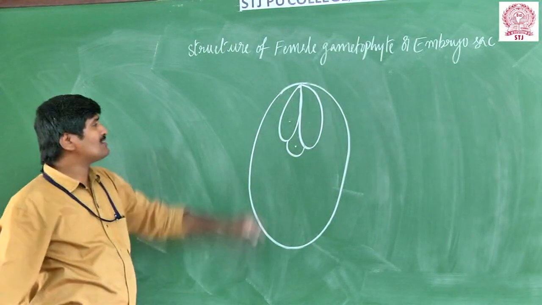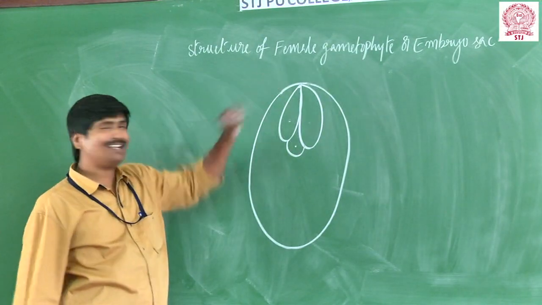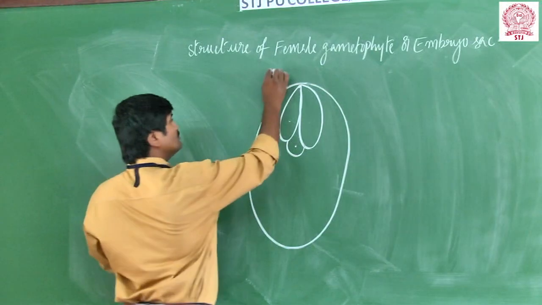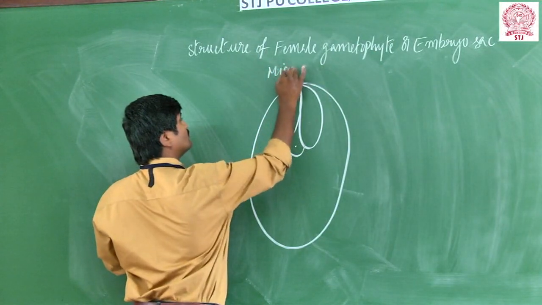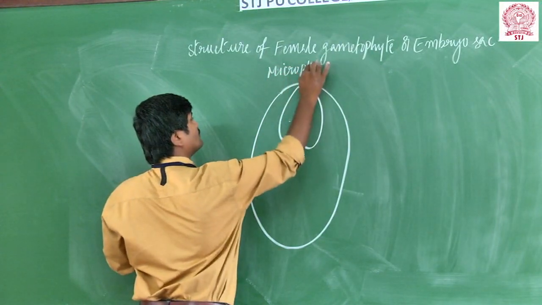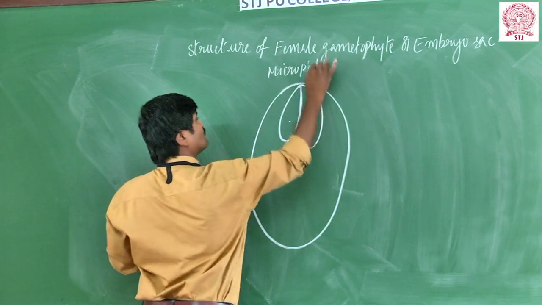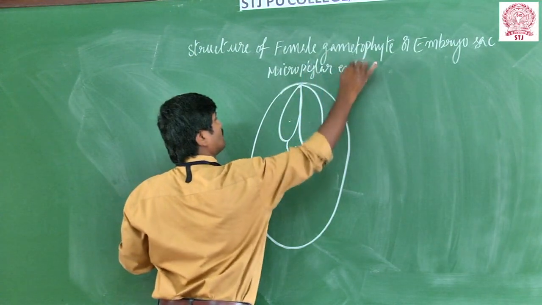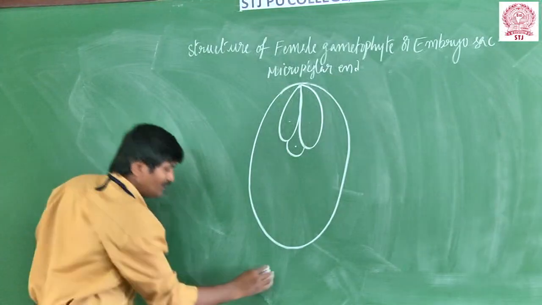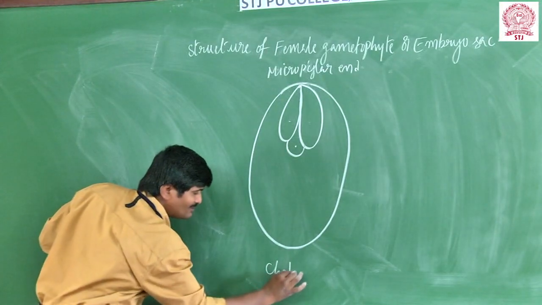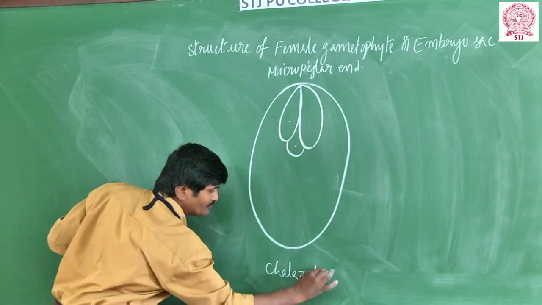The 3 cells towards the micropylar region are known as the egg apparatus. This is the micropylar end, and this is the chalazal end.